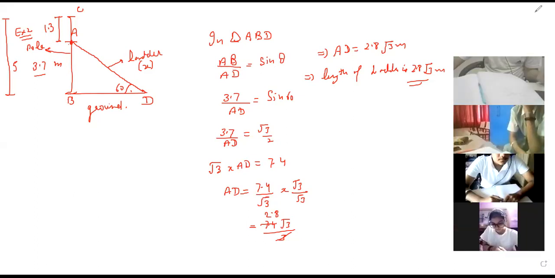Try to note down the things very calmly, and definitely try to understand this.